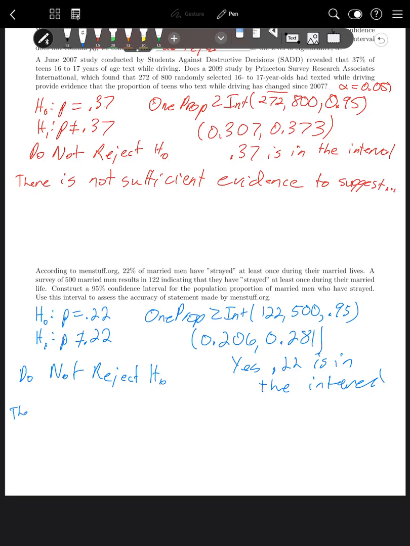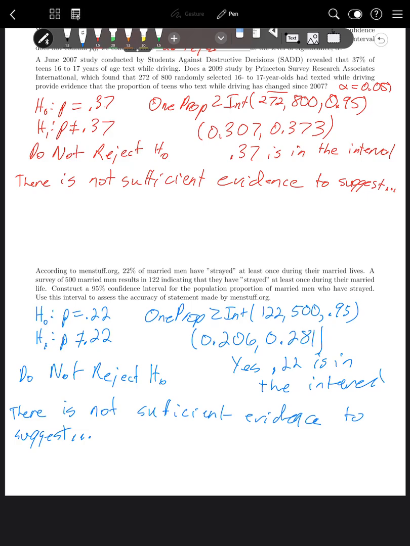And we can say there is not sufficient evidence to suggest that the proportion of married men who have strayed is different than 22%.